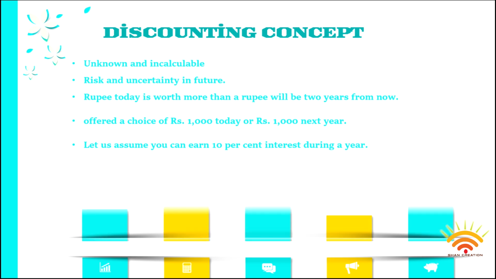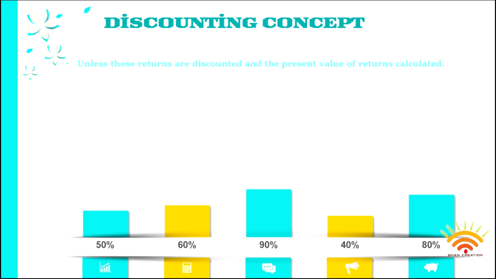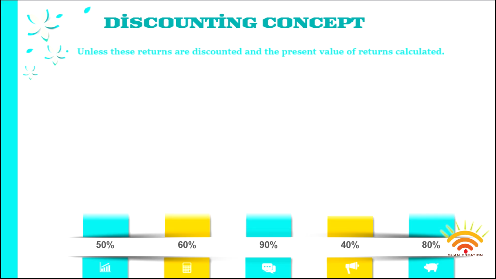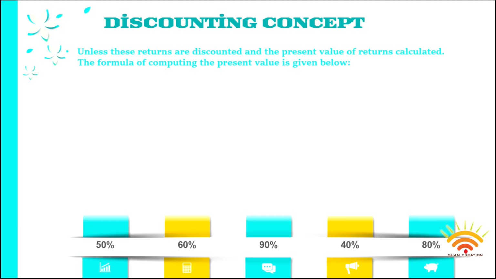Let us assume you can earn 10% interest during a year at present worth. Unless these returns are discounted and the present value of returns calculated, it is not possible to judge whether or not the cost of undertaking the investment today is worth it. The formula for computing the present value is given below.